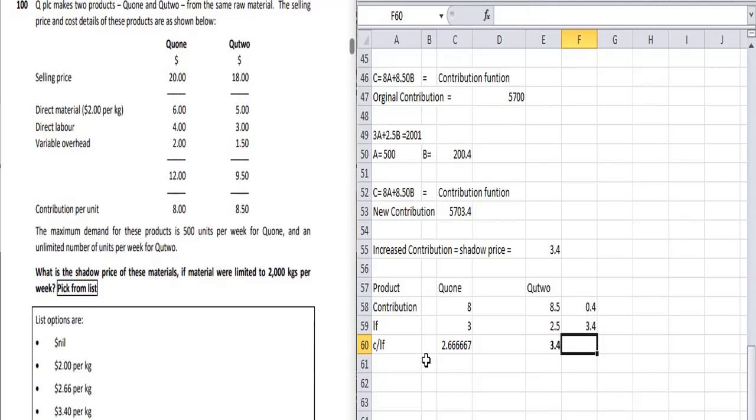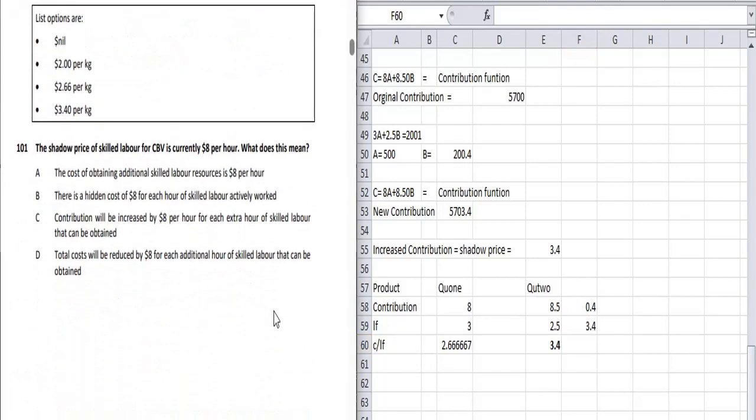Okay, next: the shadow price of skilled labor for CVV is currently 8 per hour. What does this mean? Basically, shadow price is the additional amount, or maximum premium over the existing amount, that you can pay.